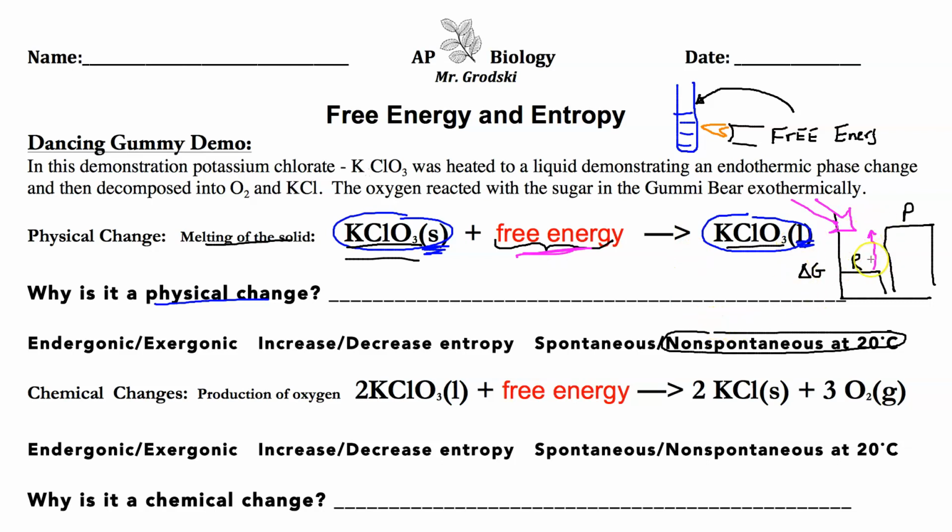So delta G in this process, the change in G, clearly is positive. If you were given delta G as positive, that would tell you that we are forcing this to become higher in energy because we're taking in free energy and forcing this to happen. And so therefore it's non-spontaneous because a positive delta G means going up in free energy.